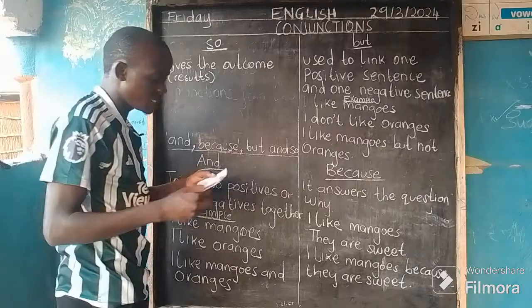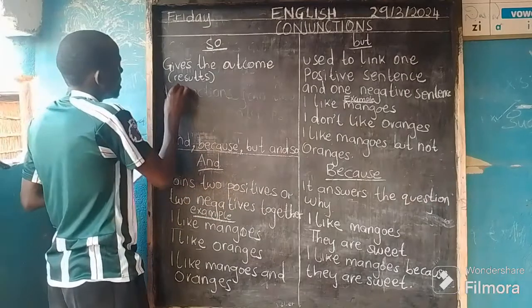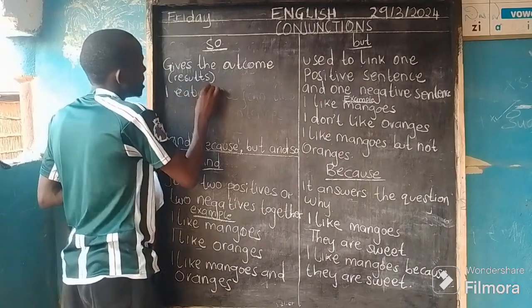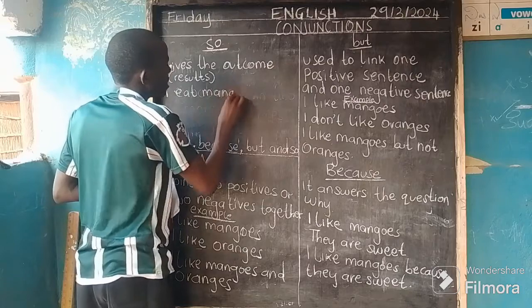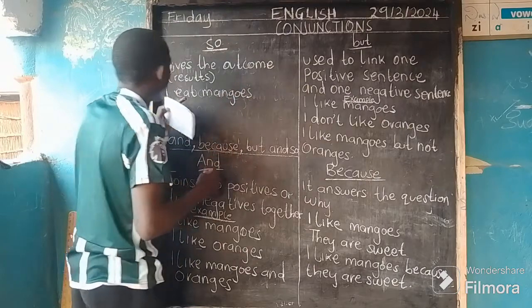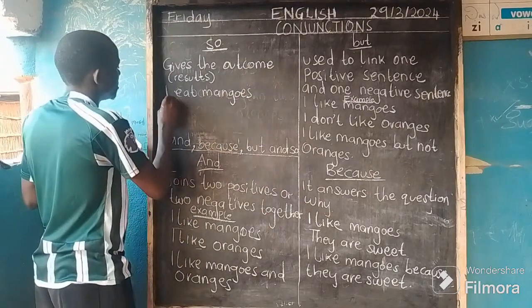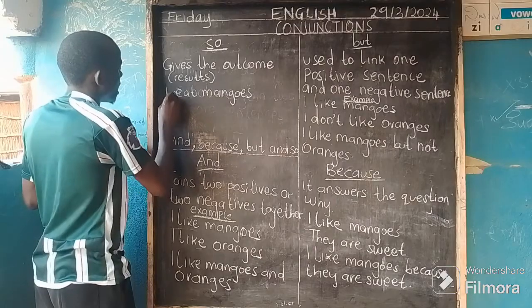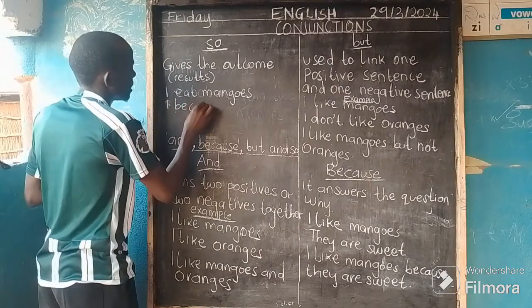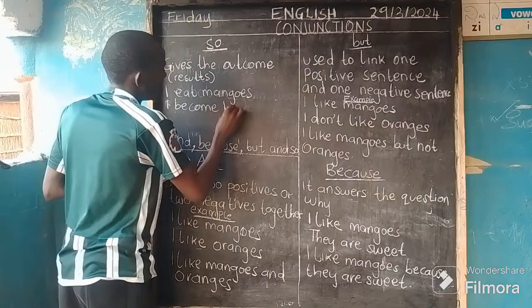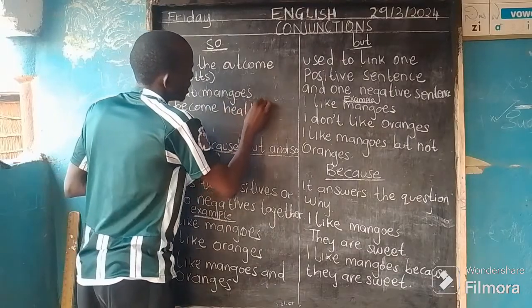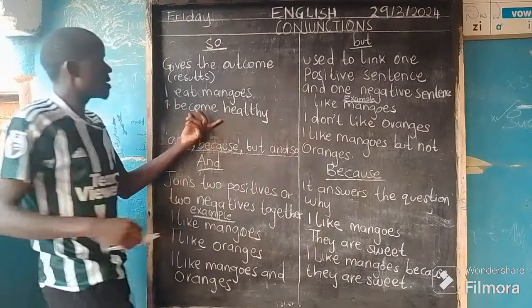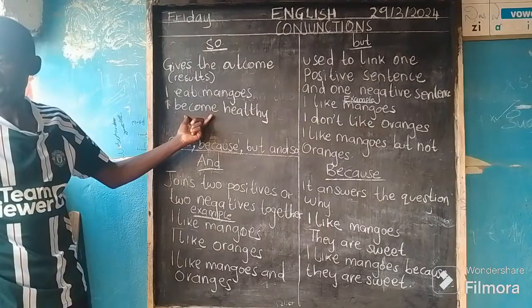So here are two sentences. I eat mangoes. I become healthy.